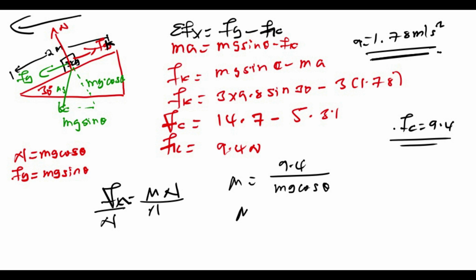So it will be 9.4 divided by, in brackets, 3 times 9.8 times cos 30. So I'm getting 0.37.